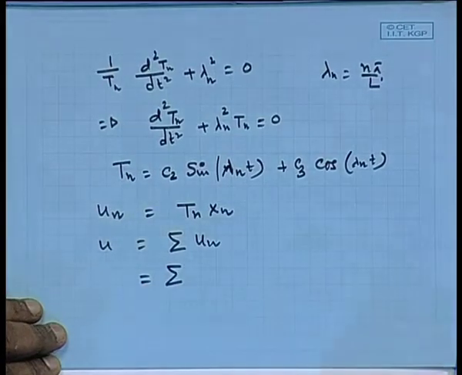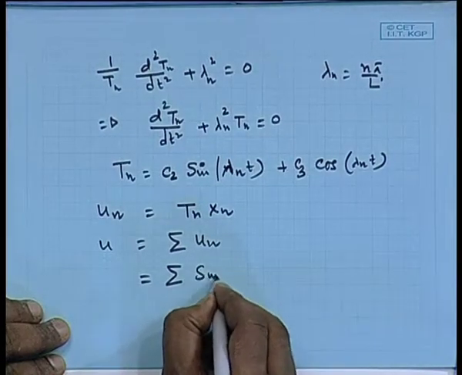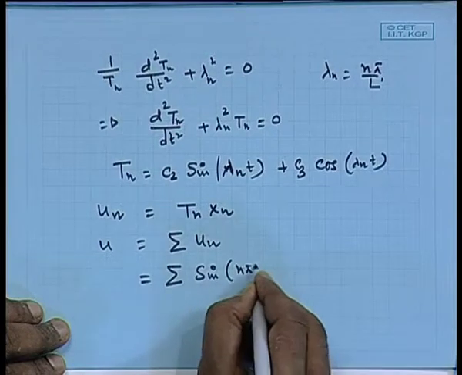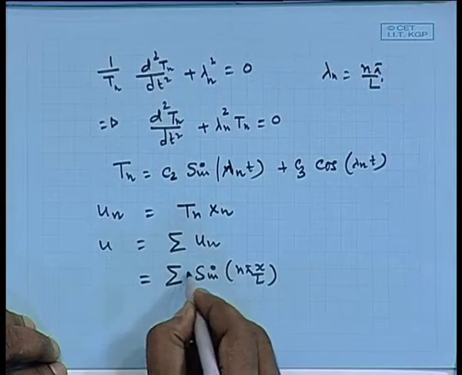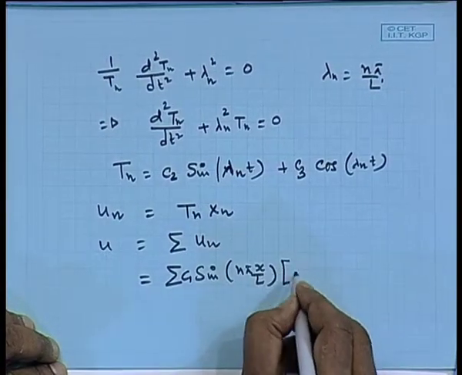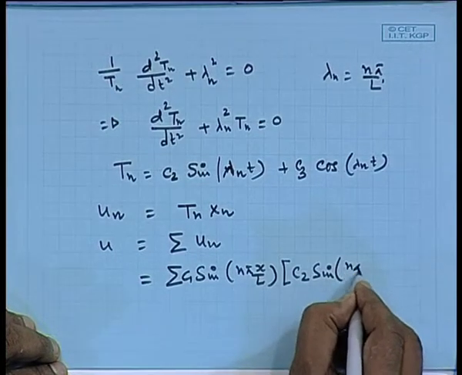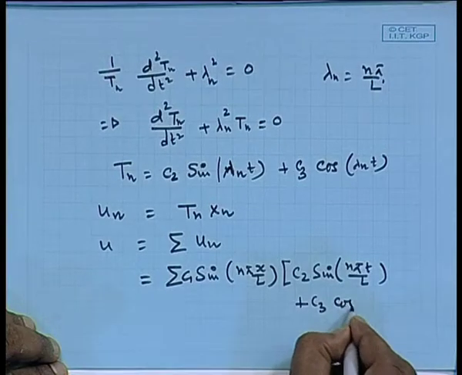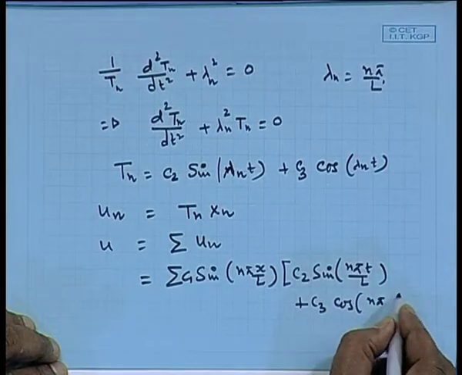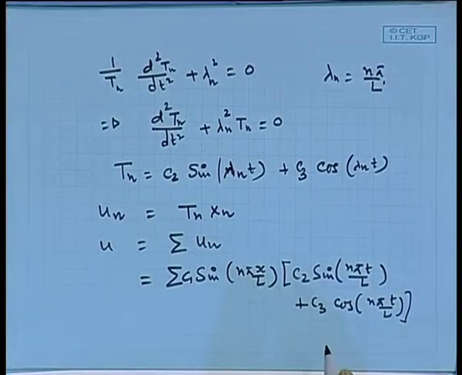So, X n is C 1 sin n pi x by L. So, sin n pi x by L, C 1 should be multiplied with C 2, right. Okay, I will write it down again. So, this will be C 2 sin n pi t by L plus C 3 cosine n pi t by L, right. So, that will be the complete solution.